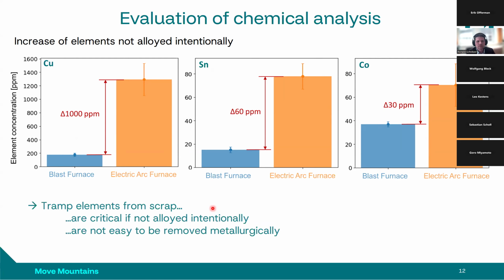One well-known example is copper, which cannot be easily removed or even not removed. And there are also other elements. Some are harder to handle, some are cost extensive if you want to reduce them, and some are easier to remove. But as I said, I will not focus here on the metallurgical processes.